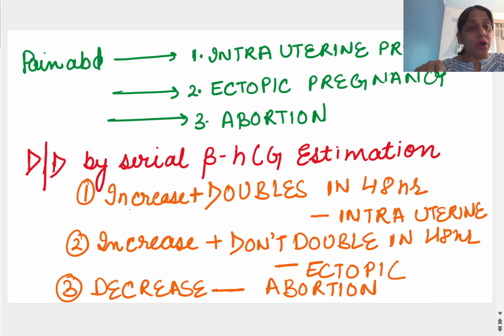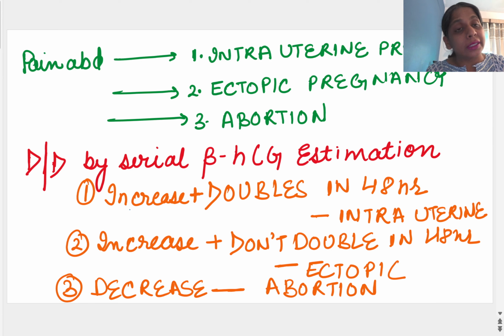If the value increases and doubles in 48 hours, then it is an intrauterine pregnancy. And if the value increases but does not double in 48 hours, then it is an ectopic pregnancy. The reason is that in an ectopic pregnancy, with implantation in the fallopian tube, the conditions are not as good as in the uterus, so beta hCG increases, but not at a normal speed.